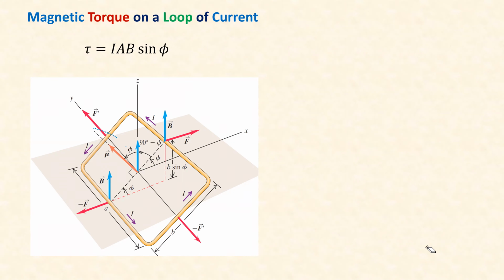I is how much current going through it. Area, how big it is. B is the magnetic field, the strength of the magnetic field. And there's a sine of phi. And you see sine of phi, phi was the angle of this side of the loop with the horizontal. You see that there is the same angle between this vector that is perpendicular to the loop and the magnetic field.